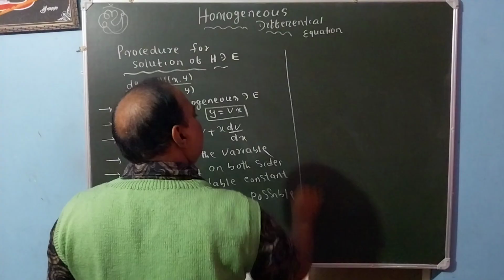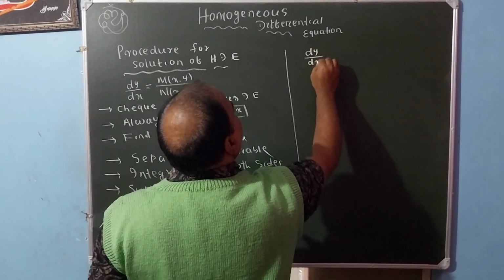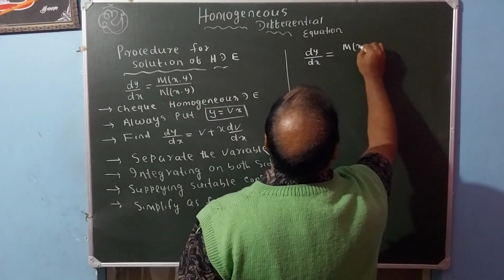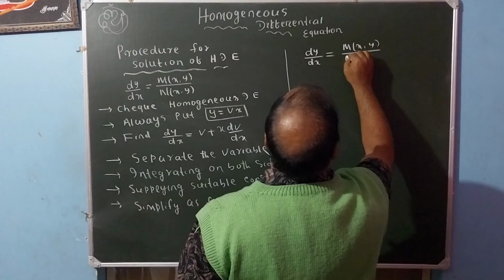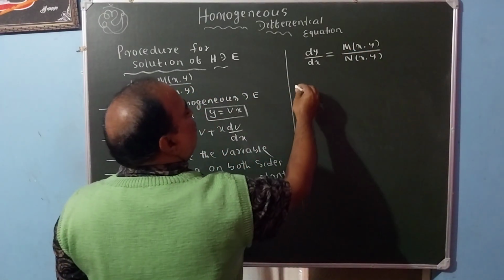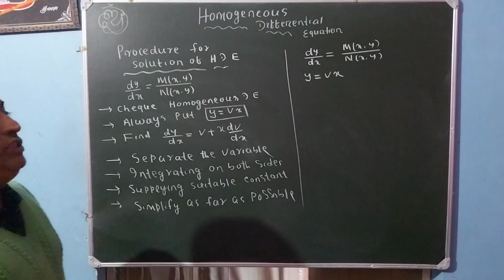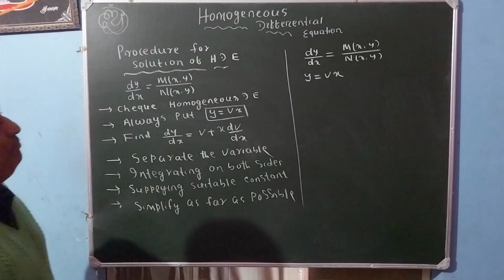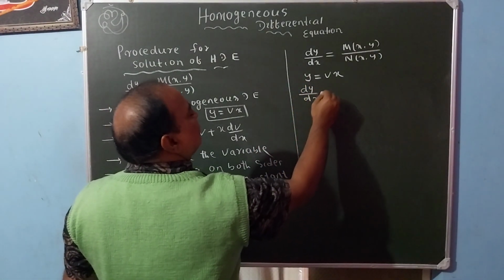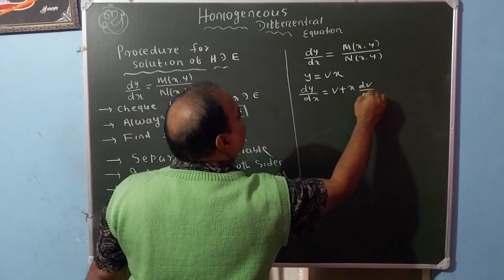So write down dy/dx is equal to M(x,y) divided by N(x,y). So y is equal to vx. Always put y is equal to vx. Second step, dy/dx is v plus x dv/dx.